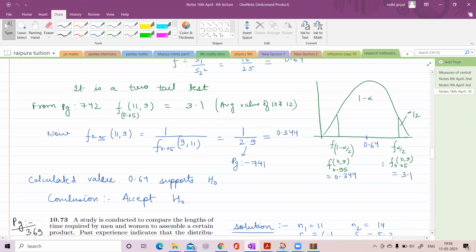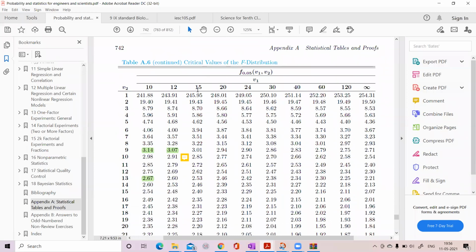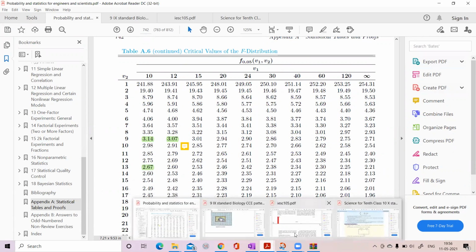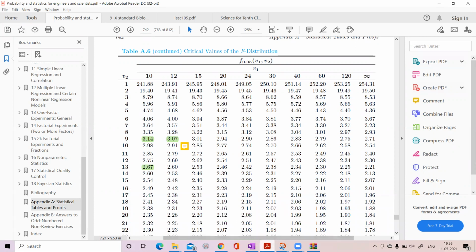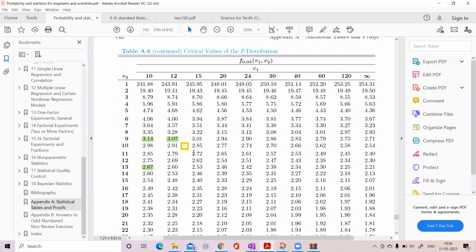So we will go to page number 742. Here we have to calculate for alpha 0.05, where v1 is 11 and v2 is 9. v1 11 will be between 10 and 12, and the v2 value is 9.